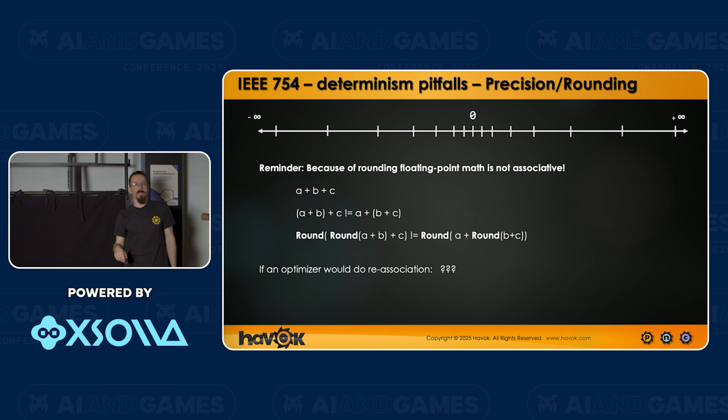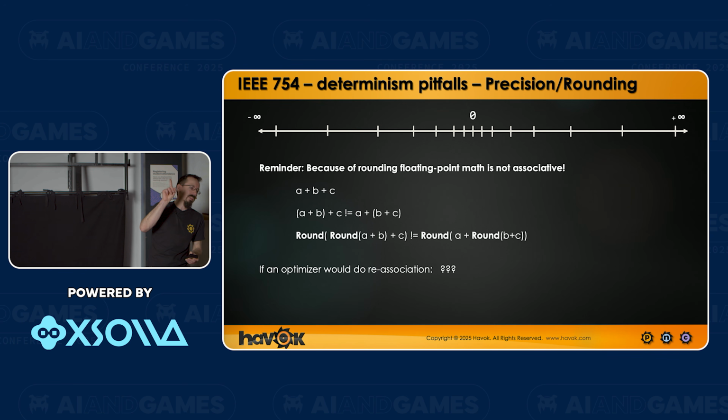There is destructive interference going on there. So if you add a small number to a large number, the small number is gone. It's hidden in the precision, and it's gone. And it makes a big difference if you do, let's say, a plus minus a plus a small number or something like that. So you really need to think.